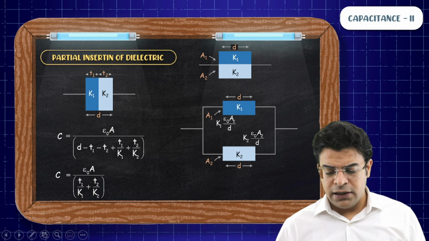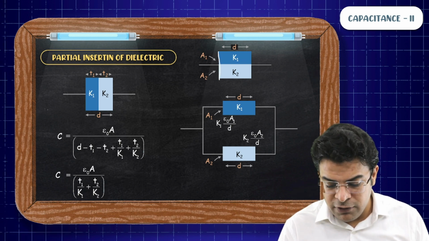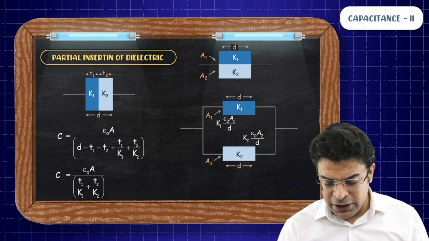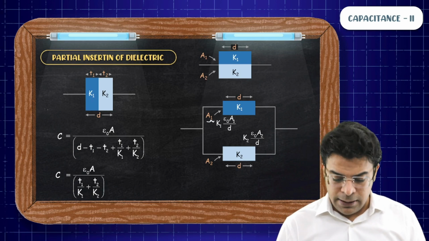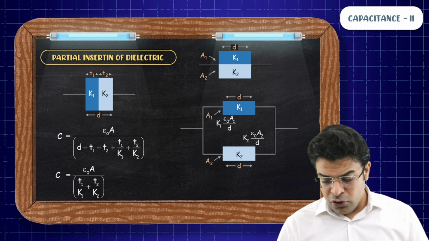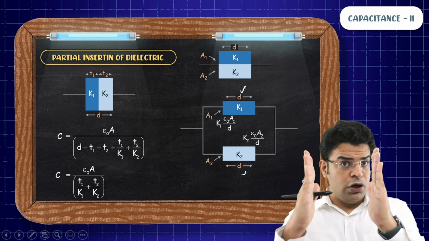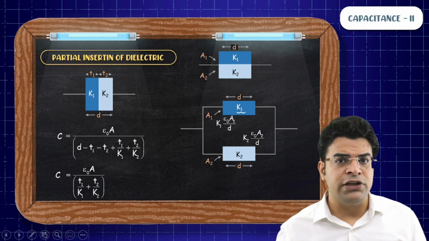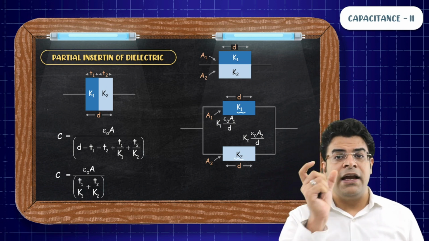So think that here you do not have one single capacitor. Think that you have got two capacitors in parallel. The upper capacitor of plate area A1, the lower capacitor of plate area A2, both have got separation between the plates equal to D. The upper capacitor is filled up with a medium of dielectric constant K1, the lower one with a medium of dielectric constant K2.